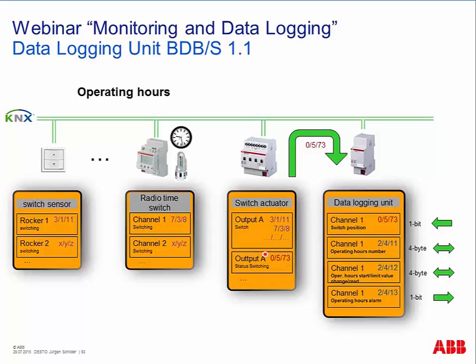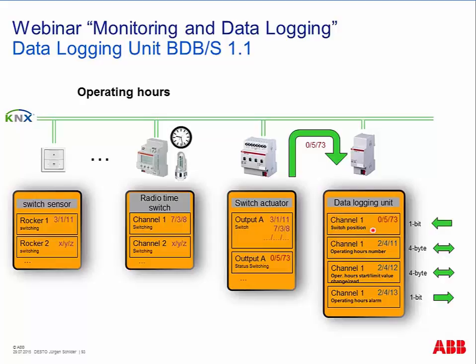But we have only one group address here in our object status switching, our 0537, which gives us exactly the status of our output A. And we link this group address to our channel number 1, to the object switch position. So channel 1 knows exactly when the switch actuator is switched on or off.